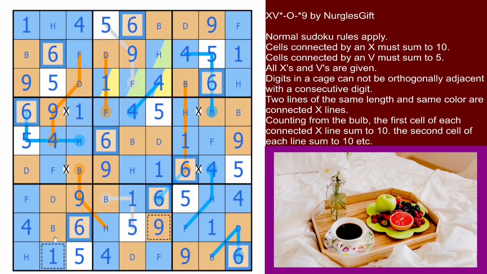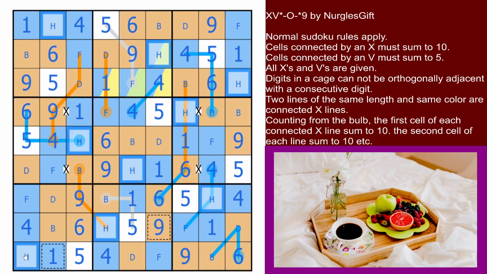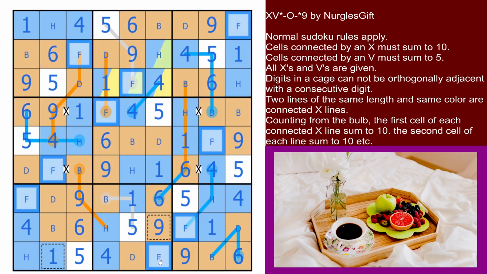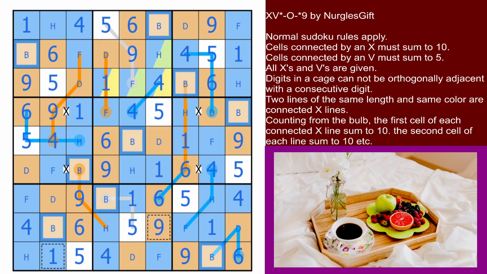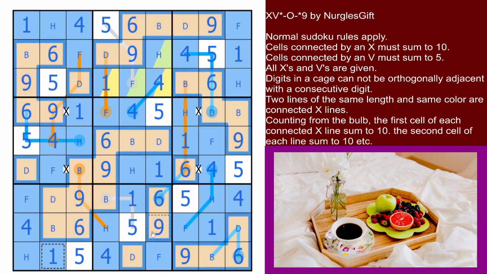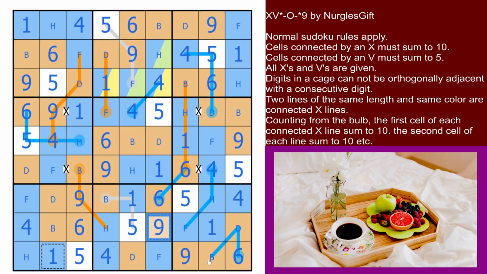And if C is 6, now how do I know F and H? B cannot be 7. B has to be 8. No. Not that. How am I supposed to know F and H?